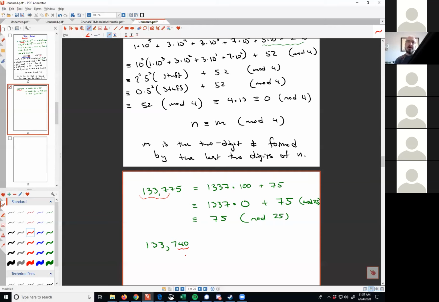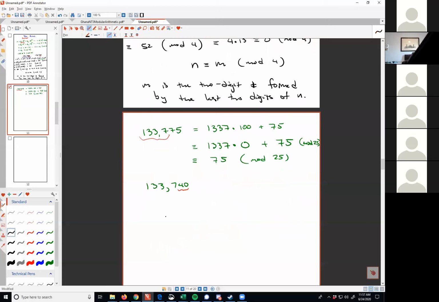So now, somebody brought up the divisibility rule for 8. How many digits do we need to look at to tell whether or not an integer is a multiple of 8? The last 3. How come? Because 8 is a divisor of 1,000. Following the same method, instead of multiplying by 100, we multiply by 1,000, and 1,000 is 0 mod 8.